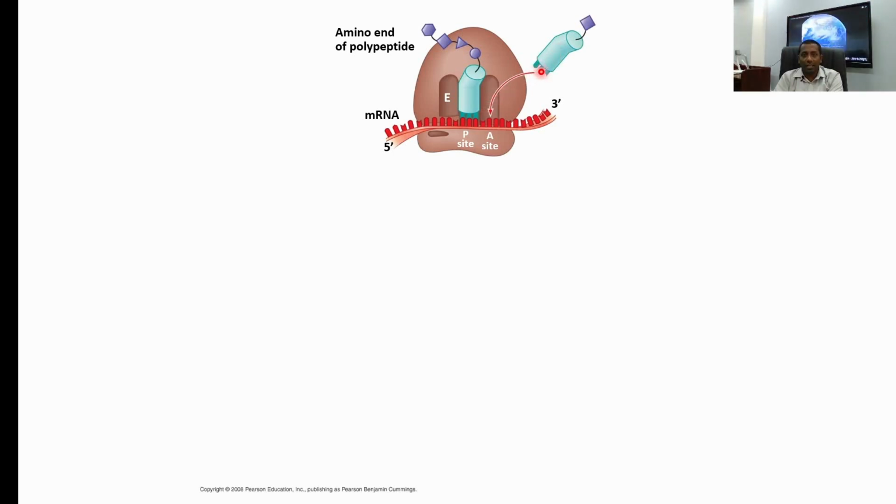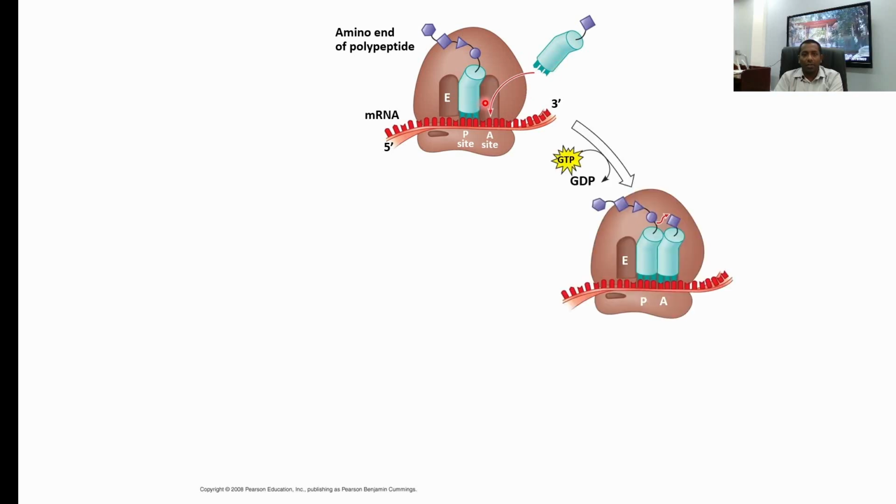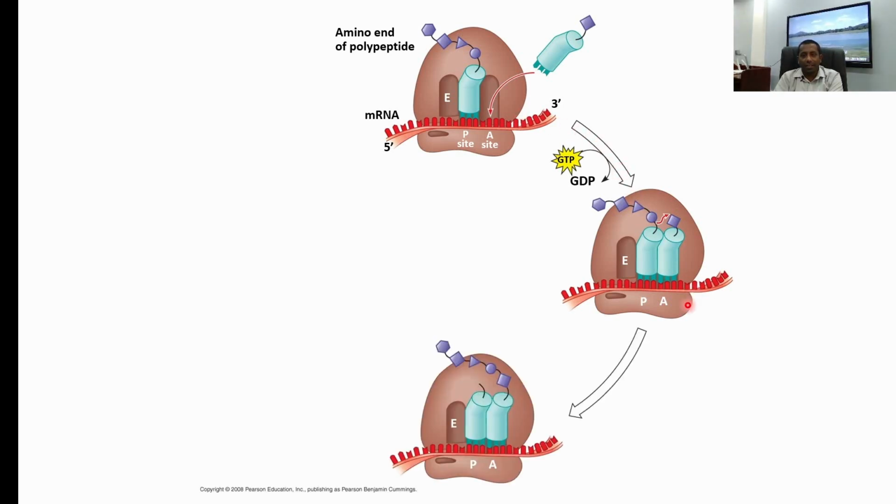If this tRNA has the anticodon complementary to the mRNA codon, this tRNA molecule will get attached to the A site, which requires energy, and it recognizes that mRNA codon.